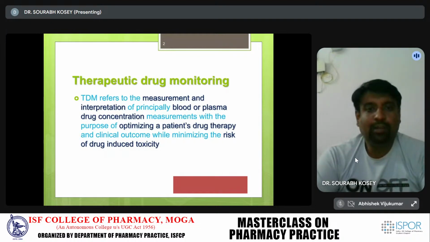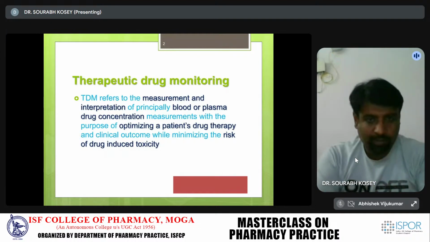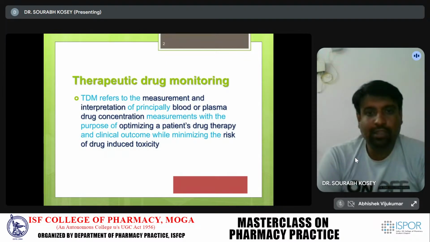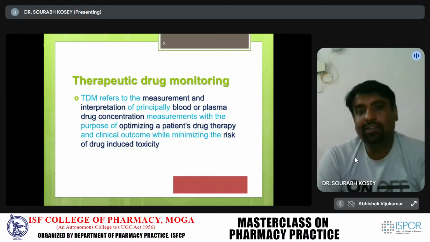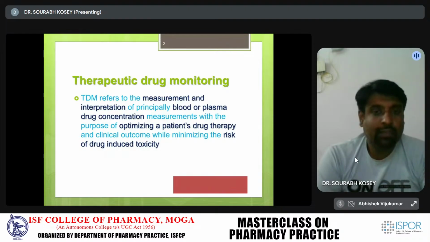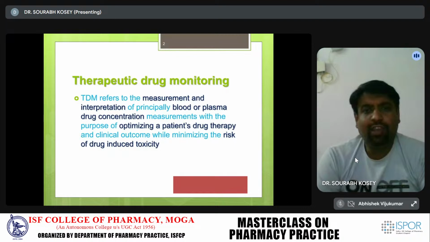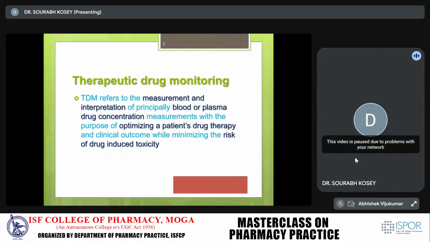Therapeutic drug monitoring means that when we give medicines, they change some physiological functions in the body at the blood and plasma concentration level. Our pharmacy practice governs not only the clinical aspects but also anatomical, preclinical, pharmaceutics, and various other domains, as an R&D aspect.